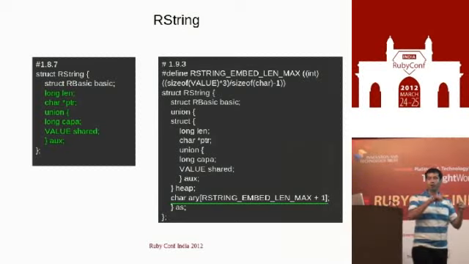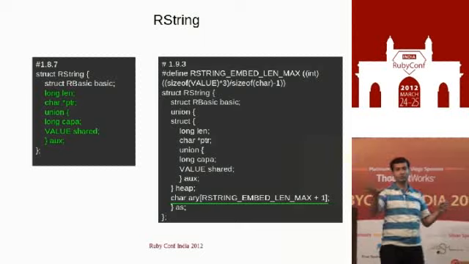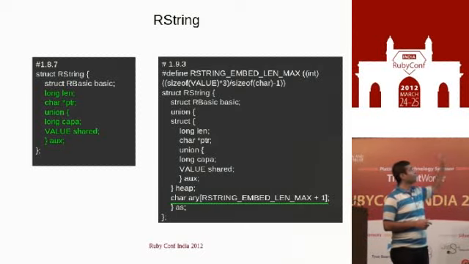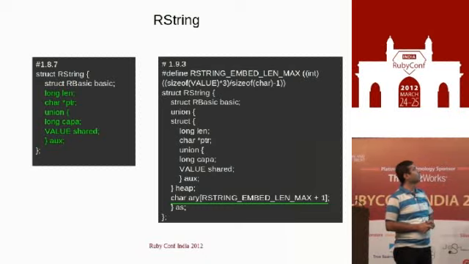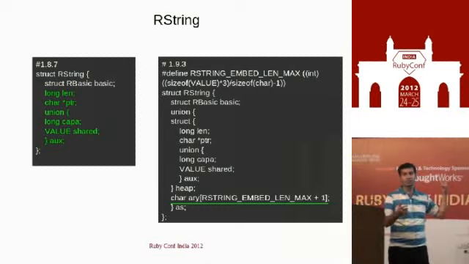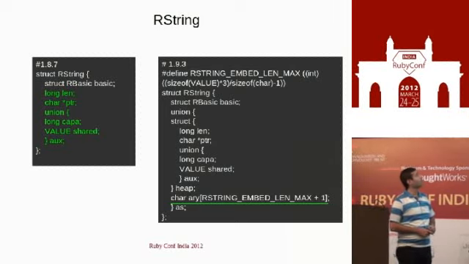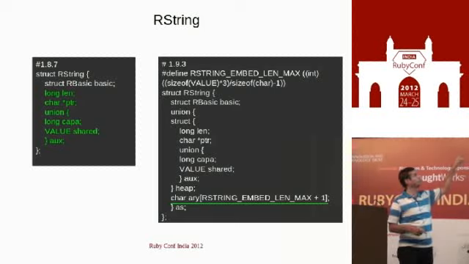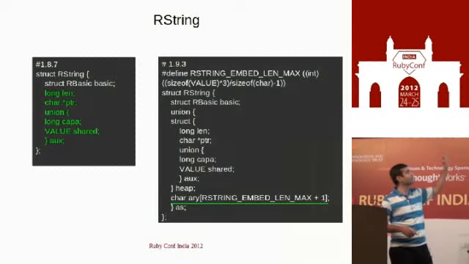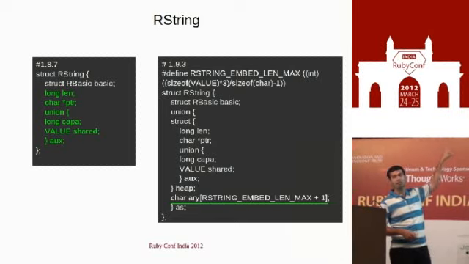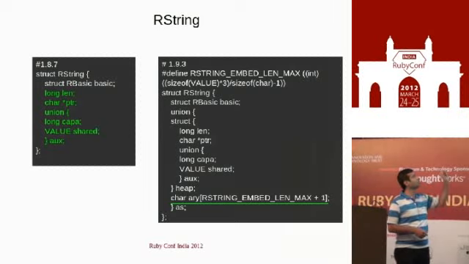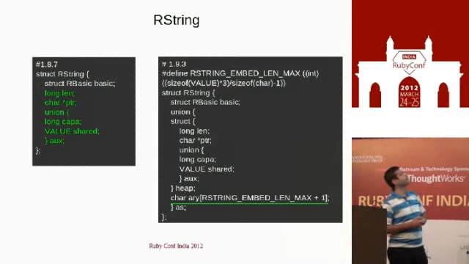The character pointer points to the location where the string is stored. We have a union of long capa and VALUE shared. We will come to know what shared is in the upcoming examples. But if you notice, the size of a union is the size of its largest member, so in this case it is again 8 bytes. So the total size of this struct comprises, I think, 23 bytes.